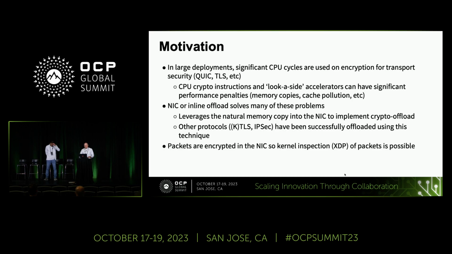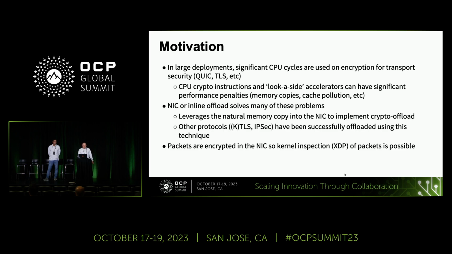The CPUs have really improved the performance of crypto operations by using dedicated instructions. And there have been a variety of look-aside accelerators in the past, but all of these have significant drawbacks from a performance perspective, either memory copies in the look-aside or cache pollution in the CPU instructions.